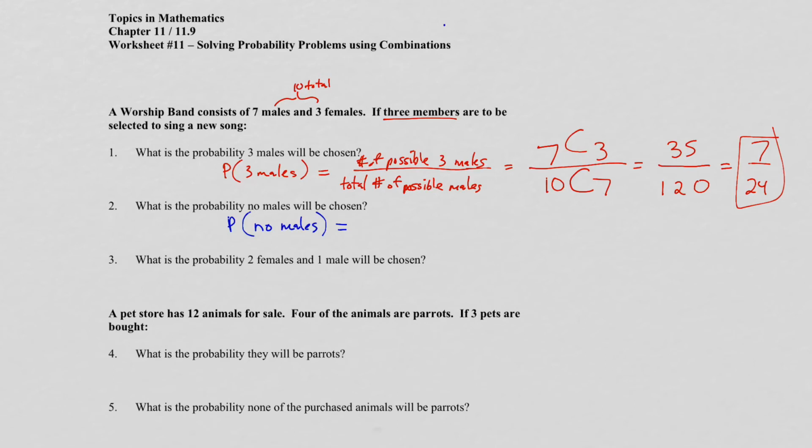So if that helps you, I don't know. Okay, so let's start working with the bottom part. From the 10 total, how many are we interested in regards to females?